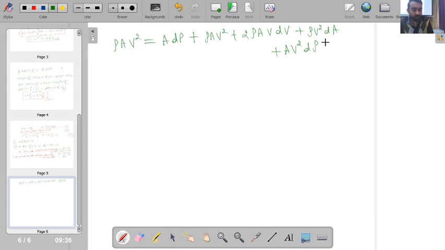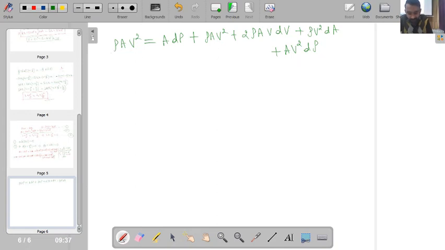So remember that all the terms which are becoming either multiplication of two infinitesimally small values, I am keeping equal to 0, and if anything is becoming the square of a very small value, that is also I am keeping equal to 0. So up to this it is fine.